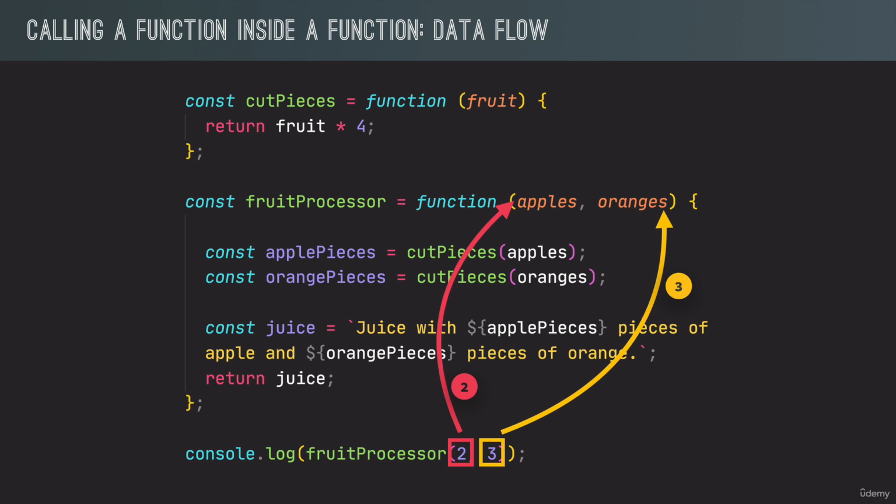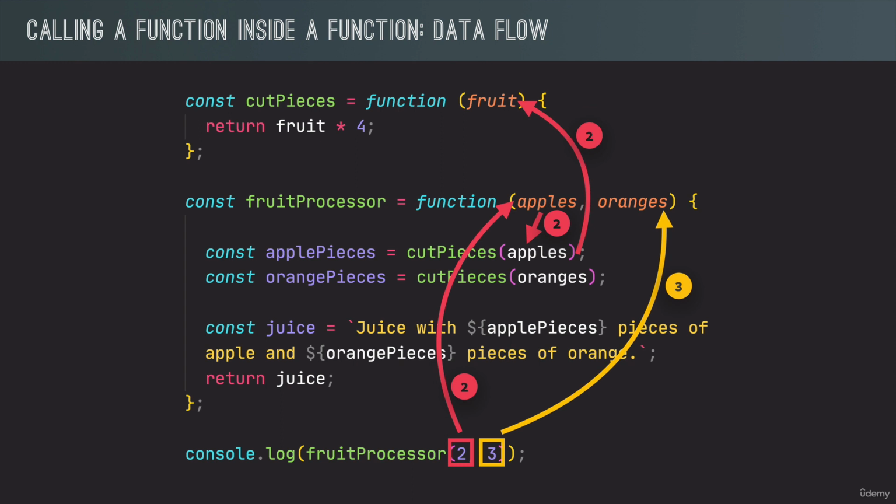And now let's analyze what's going to happen with this apple value. So apple right now holds the number 2. And that value 2 will then be used to call the cut pieces function, right? Now, as we call cut pieces, this 2 is actually the argument for the cut pieces function. And it will basically replace the fruit parameter, so the fruit placeholder. Okay, so now fruit here in this cut pieces function is also 2.